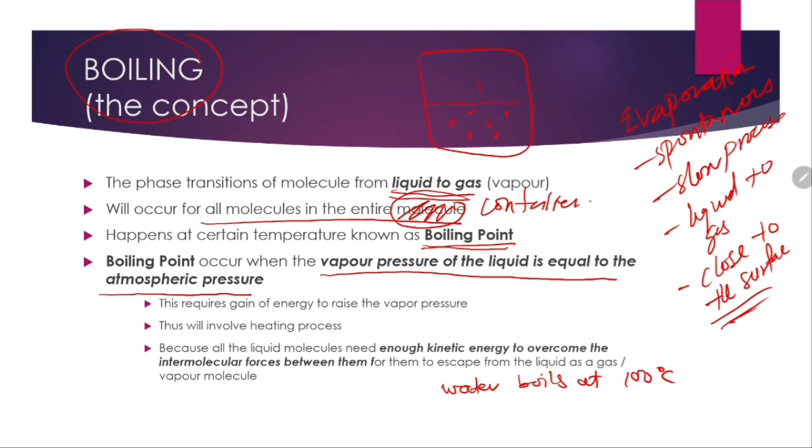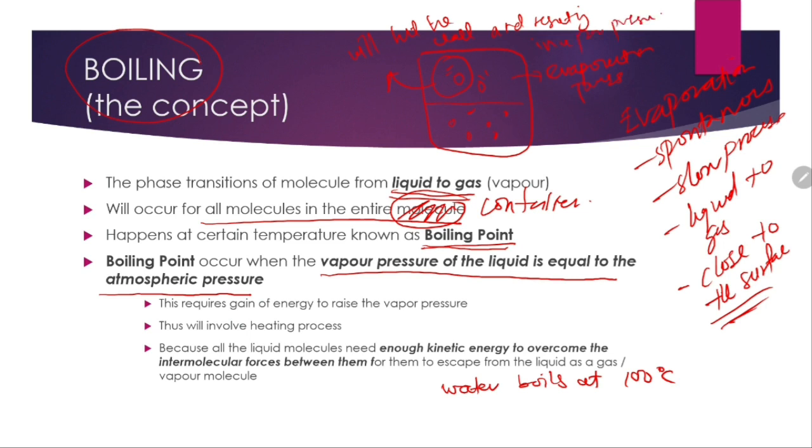Some of it might be released as vapor through the evaporation process. This gas molecule will hit the wall, resulting in vapor pressure.